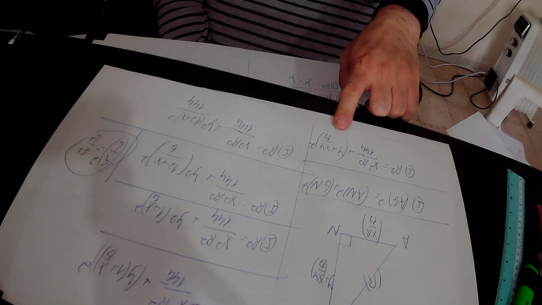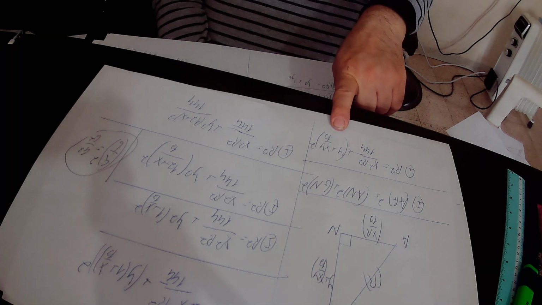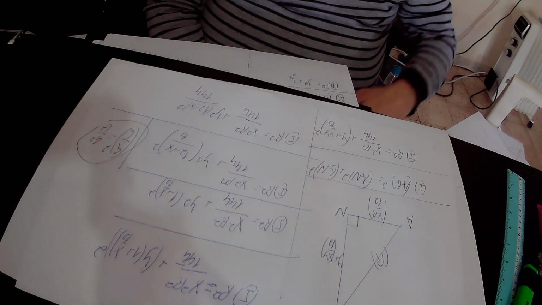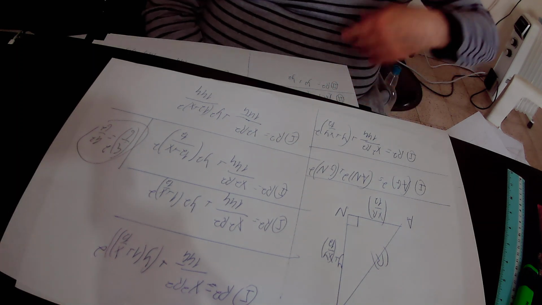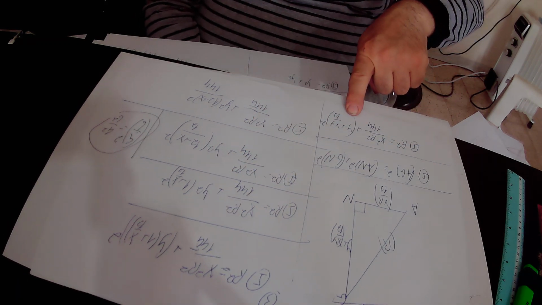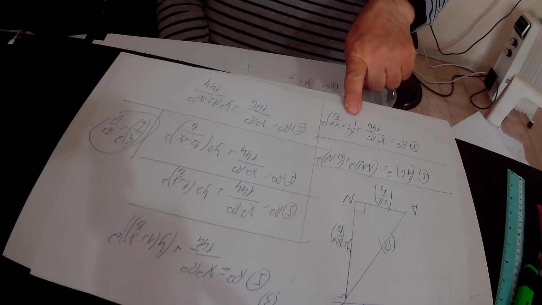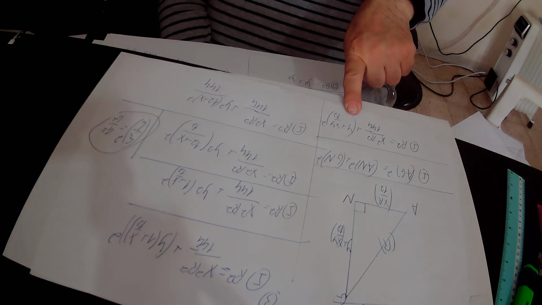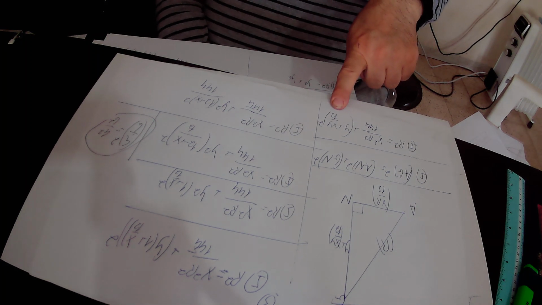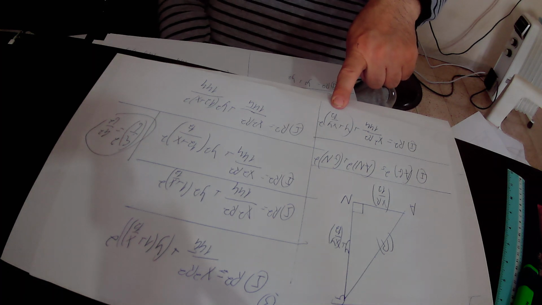Here we took y as a common factor from this expression. What is left from y after we took y as a common factor? It's actually 1. And what is left from xy over 12 after we took y as a common factor?